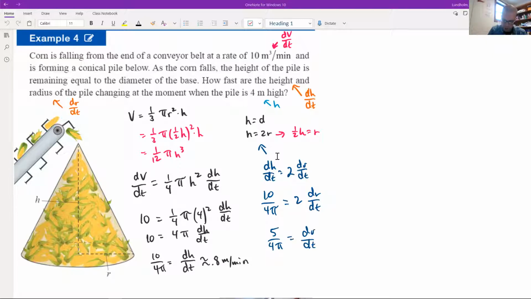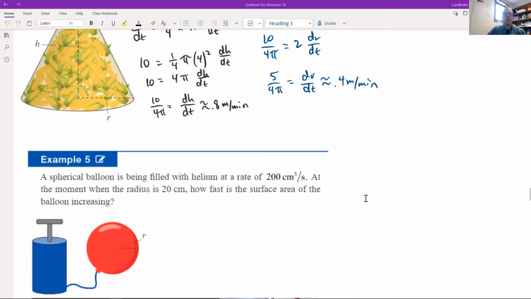So dr dt is going to be a little bit slower, about 0.4 meters per minute, probably. Cool. And there are 2 rates that we were asked to find. All right, moving on to the next one.